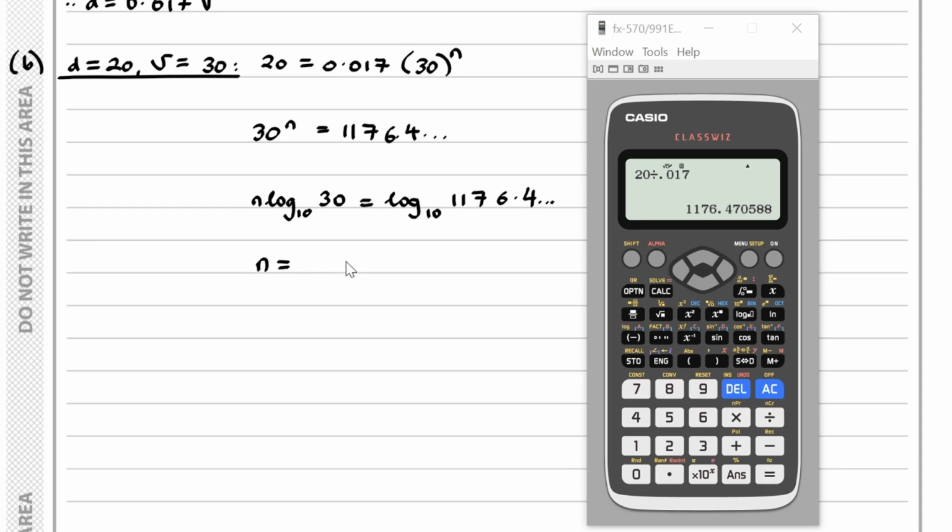And therefore we can find the value of n, that's equal to log base 10 of 1176.4, etc. divided by log base 10 of 30.